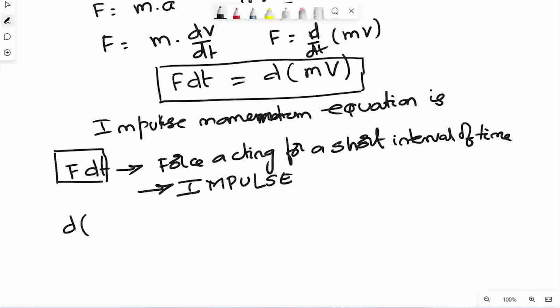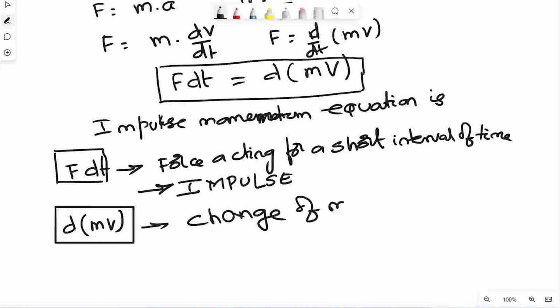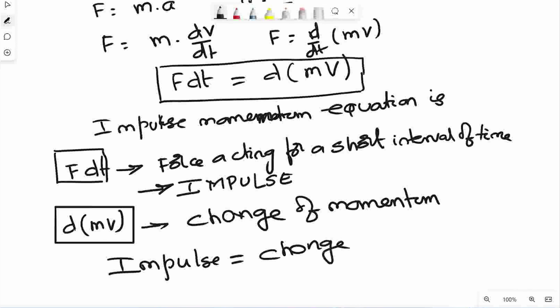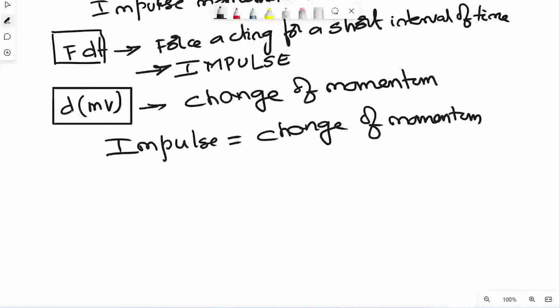Then what is d of mv? mv is nothing but the momentum, so d of mv is the change of momentum. That means impulse is equal to change of momentum. This is exactly what the impulse momentum principle means. But remember that both things we need to take in the same direction. That is one of the important things.